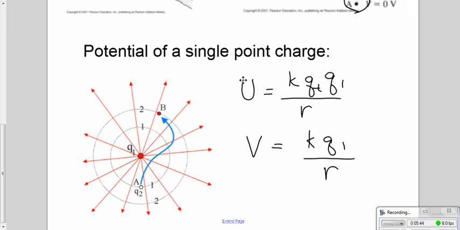So as we move from position A to position B, you see how we're getting farther away from the charge. So we're increasing the denominator here, and an increase there is going to tend to decrease the potential. So you can see we would have a smaller positive number out there at position B than we had at position A. So that's the idea of how we describe potential in terms of potential energy.